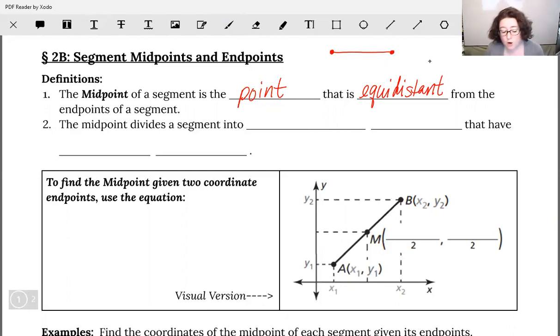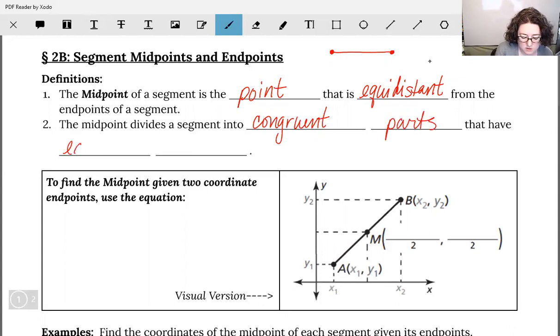The midpoint also divides a segment into congruent parts that have equal measures. So the words congruent and equal, again, they mean very similar things. Congruent, we're talking about, I have this whole object and I know it's exactly the same size as something else.